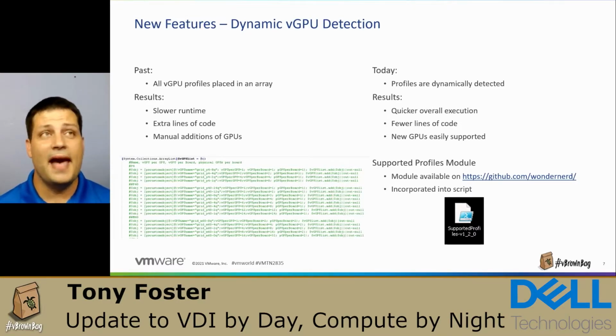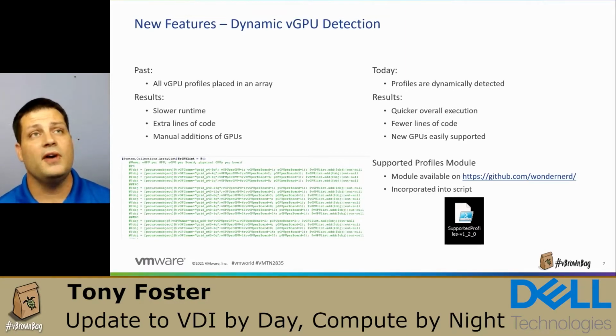In the past, the way everything was done with vGPU profiles, we placed them all inside of an array programmatically at the start. You can see that in the little code snippet below. Every profile got added in there.